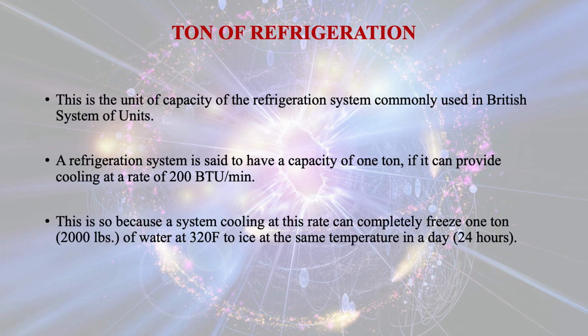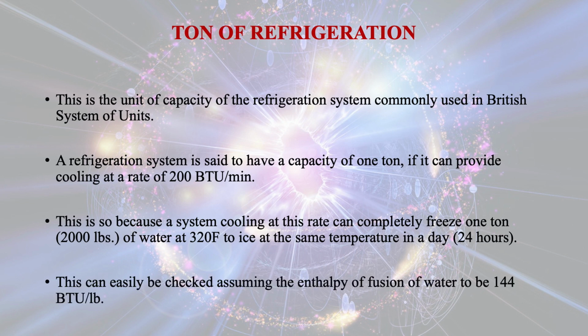This is so because a system cooling at this rate can completely freeze 1 ton, that is 2000 pounds, of water at 32 degree Fahrenheit to ice at the same temperature in a day, that is in 24 hours. This can easily be checked assuming the enthalpy of fusion of water to be 144 BTU per pound.